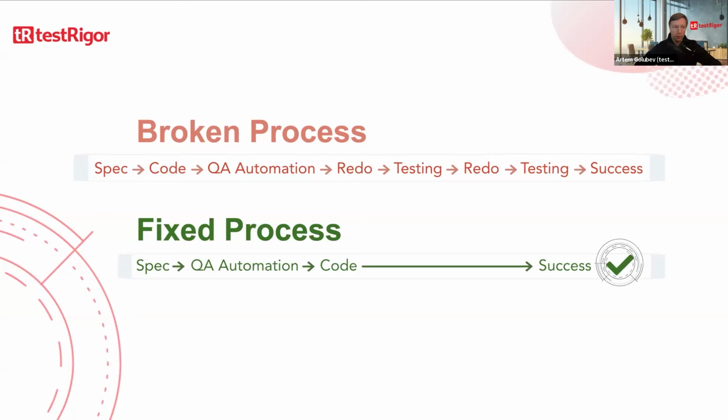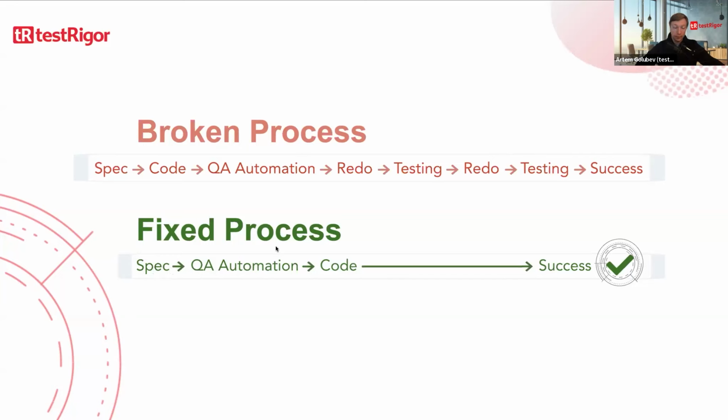Well, it would mean that the hit of understanding this specification is now on QA automation engineers. They are the ones that find all of those discrepancies and communicate with product managers on clarifying that specification.